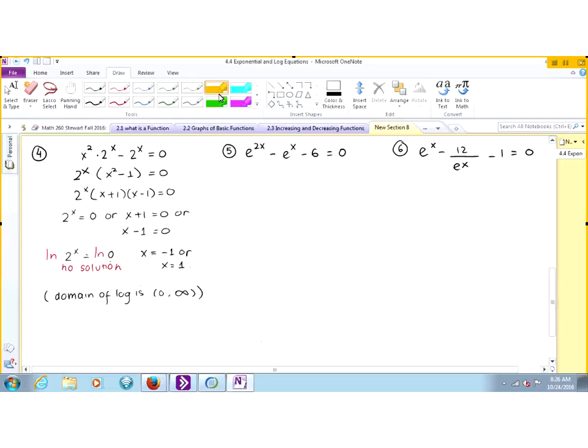What should we do here? I have a 6 here, so I can't factor out e to the x, right?